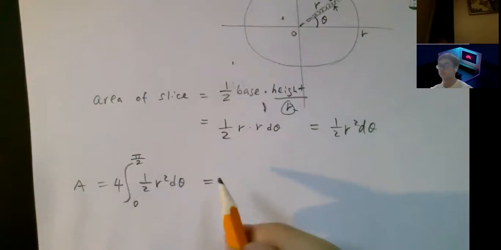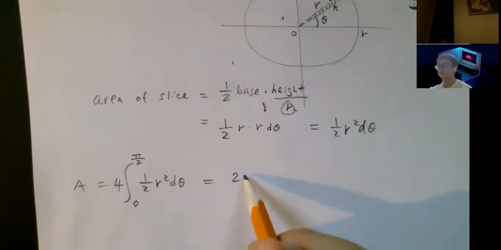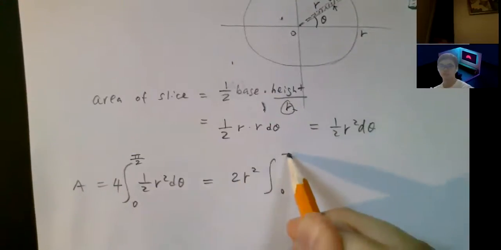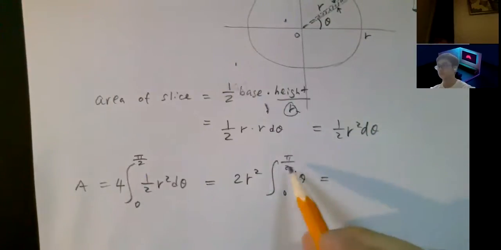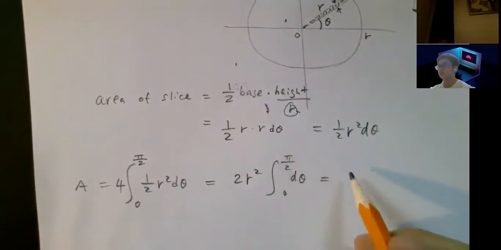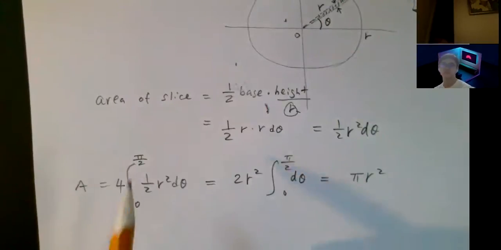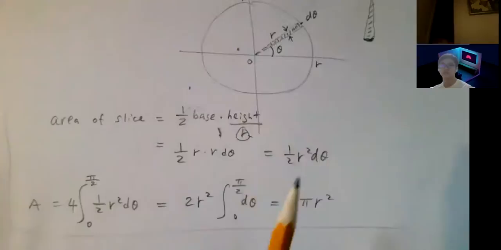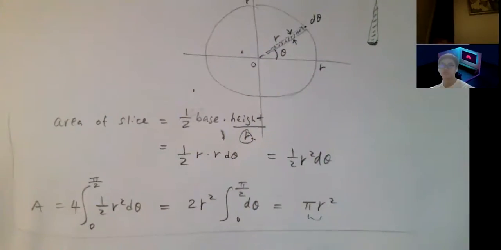Because this R squared is constant, it is 2R squared times the integral of d theta, which we already did before, equals pi over 2. So this is a very quick proof using a different system. That quickly proves that this is pi R squared.